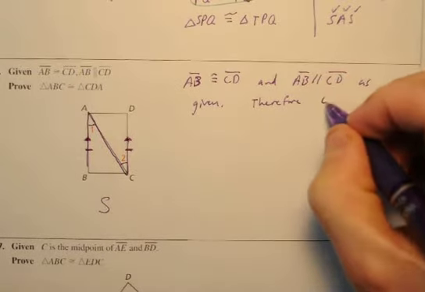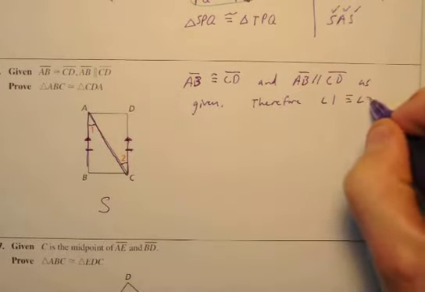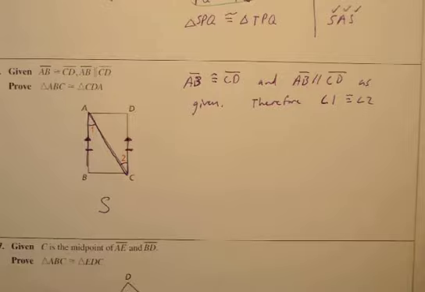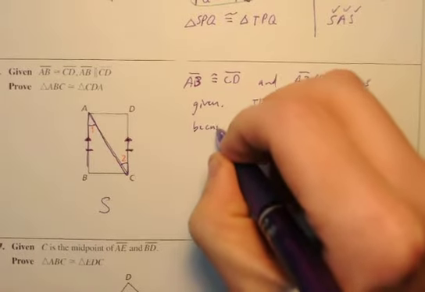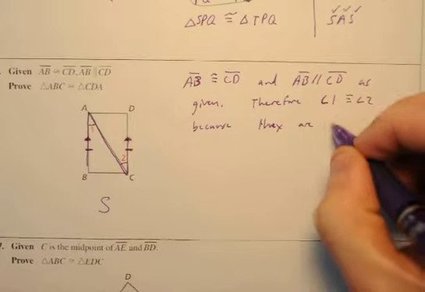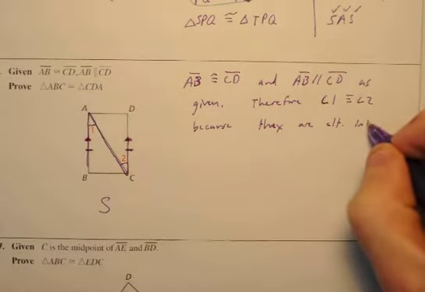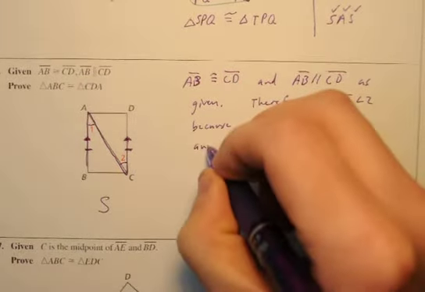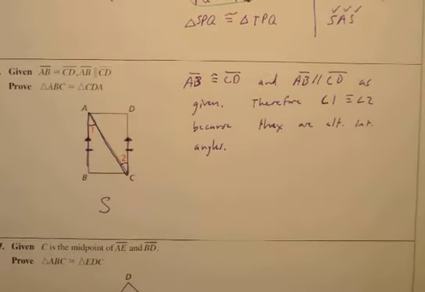We can say, therefore, angle 1 is congruent to angle 2 because they are alternate interior angles, and the lines are parallel.